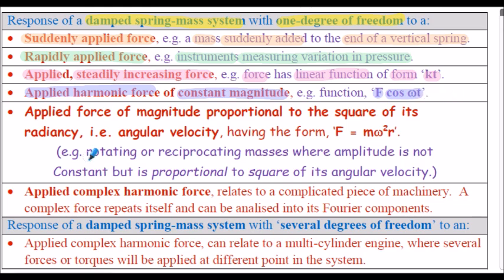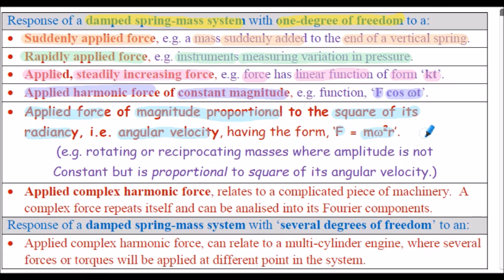And the only type of force we're going to consider applied to our damp spring mass system of 1 degree of freedom is an applied force that has a magnitude proportional to the square of its angular velocity. So the forcing function we'll consider will be F is equal to m omega squared r.